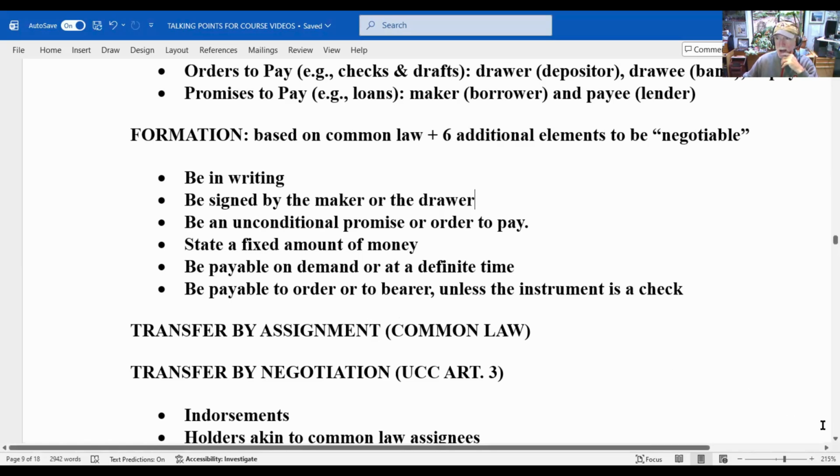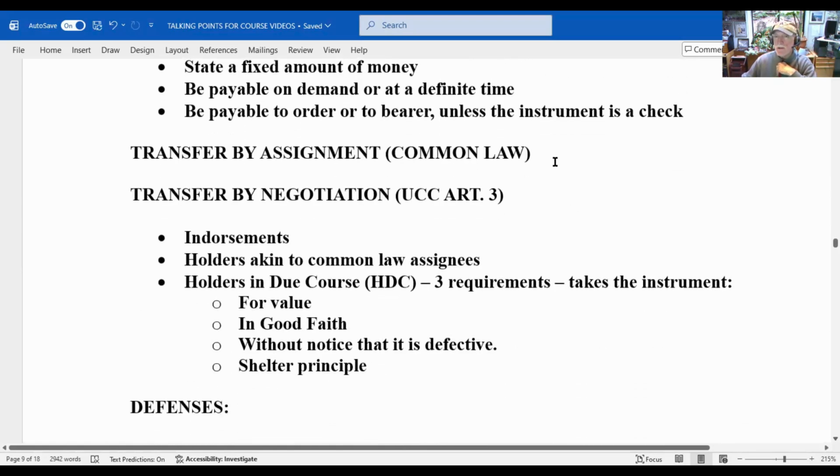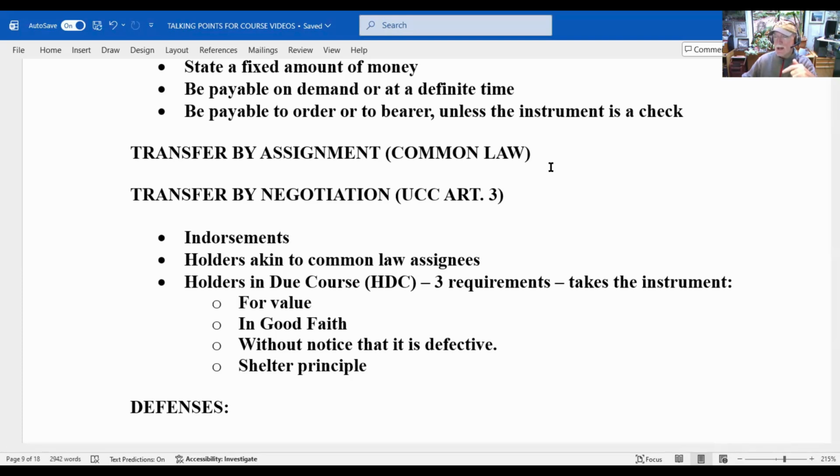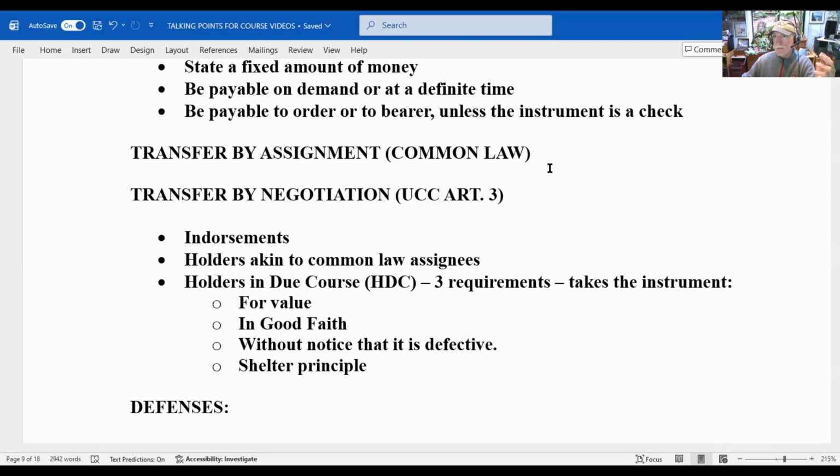Okay, so at common law, we talked about this idea of an assignment of a right. The big thing at common law is that the person making the assignment of the right to be paid, for example, is called the assignor, and the person in receipt of that is the assignee. The assignee steps into the shoes of the assignor and is subject to whatever defenses the borrower would have against the assignor.